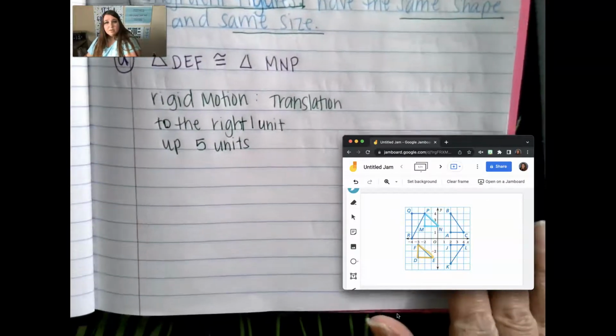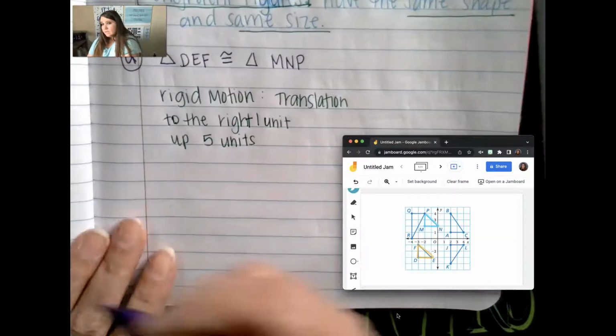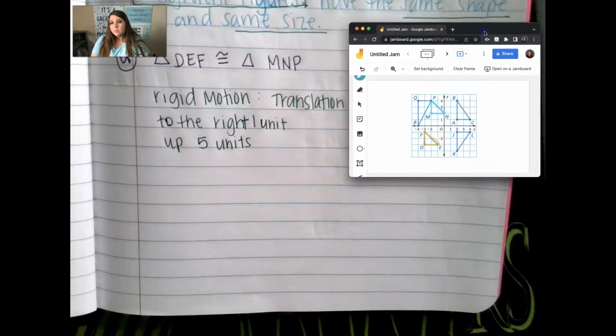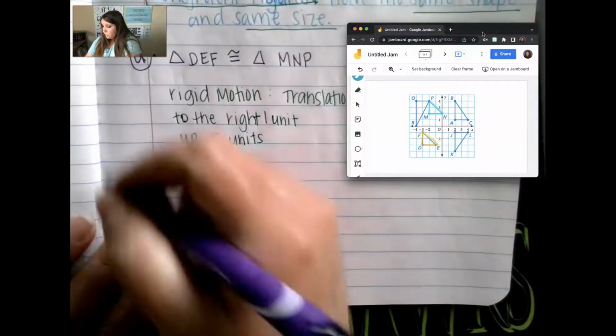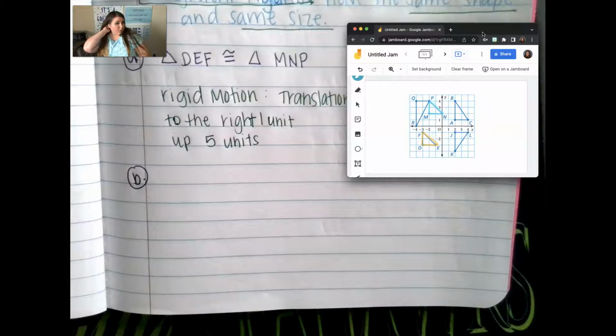All right, so the next example that we are going to look at is using this same exact picture. So you can use the same picture here. And within this picture, we're going to look at example B. And example B is going to come to us from triangle ABC.